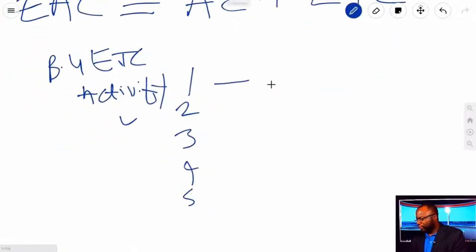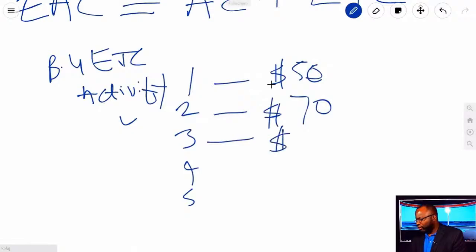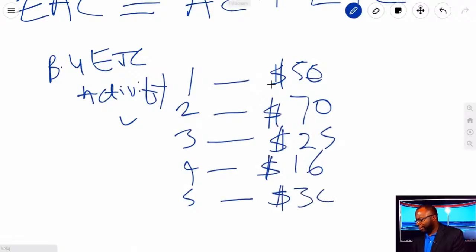And let's say, okay, activity 1 is really $50, activity 2, the estimate to complete it is going to be $70 for the remaining work we've got. This one's going to be $25. This one's going to be $16. This one is going to be $30. That's how you do it.